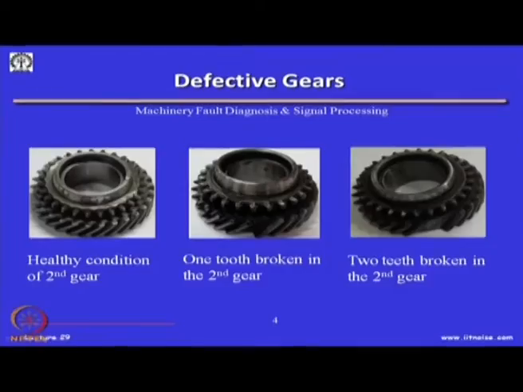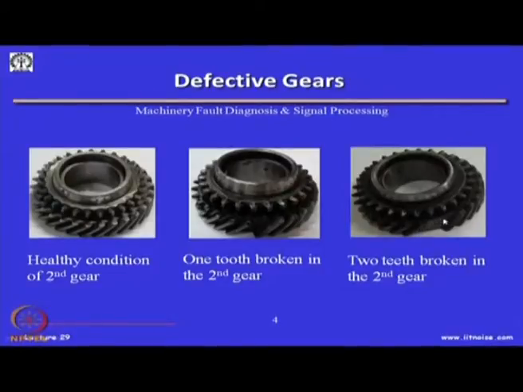I will just show you another type of gearbox, and these are some of the defective gears. For example, this is some experiments which we are doing in the laboratory, wherein we could artificially seed faults in the gear by a wire EDM machine, because these are very hard, and normal milling operations you cannot perhaps cut this and remove the gear tooth.